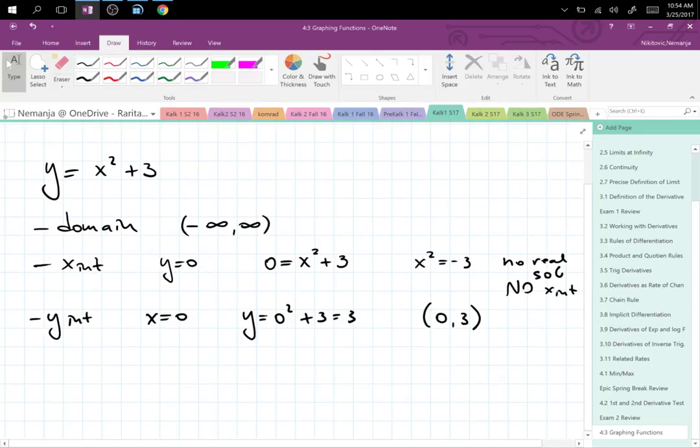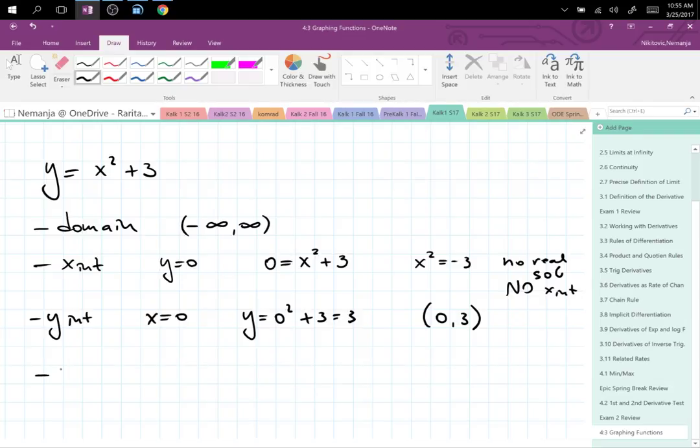So domain, range, x-intercept, y-intercept, you are already 4 calculations in, right? Well, we didn't do the range in this case. In some cases you can easily. The next calculation we are going to do, moving now from algebra and pre-calculus into calculus, is asymptotes.